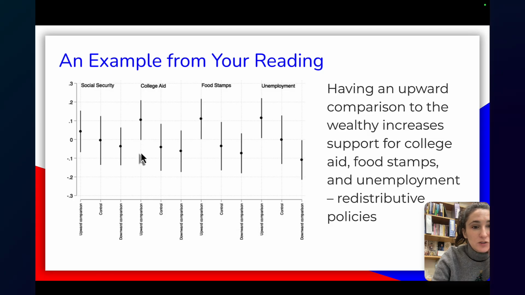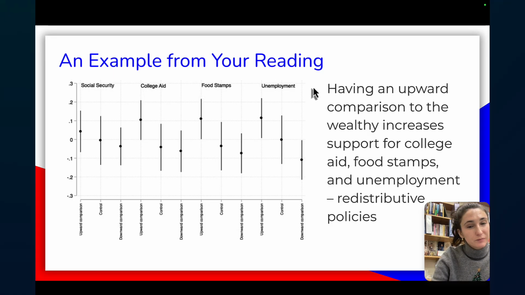When people were asked to do upward comparisons for college aid, food stamps, and unemployment, you can see that these had positive effects, right? They're above this zero line here. In other words, when individuals were asked to do an upward comparison towards the wealthy, that increased their likelihood of supporting redistribution for college aid, food stamps, and unemployment. Okay? So thinking about the wealthy increased support for redistribution.